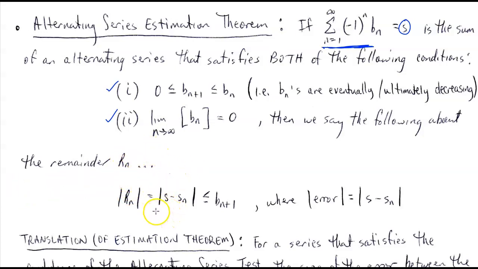We'll take the absolute value of whatever the actual sum should be minus the sum of the first n terms.